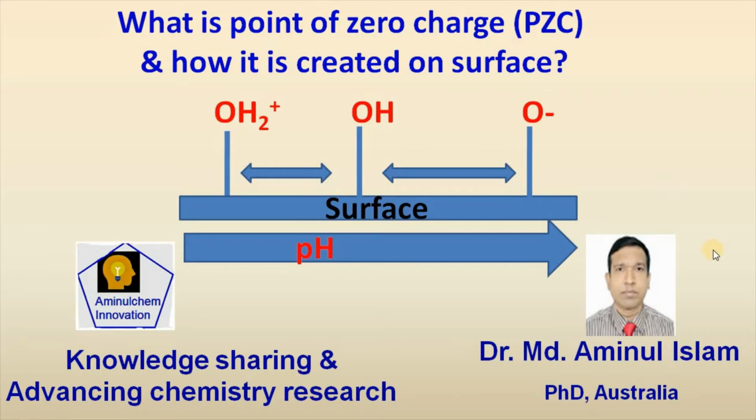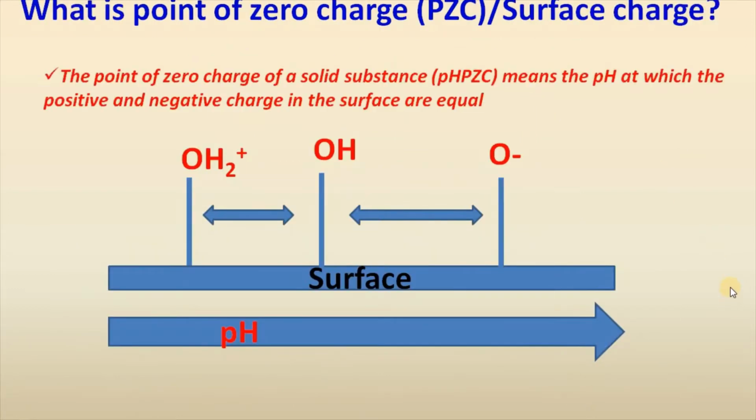Although point of zero charge or surface charge is an important property of any material, it is less understood and less studied. The point of zero charge is a pH at which the positive and negative charge in the surface are equal.